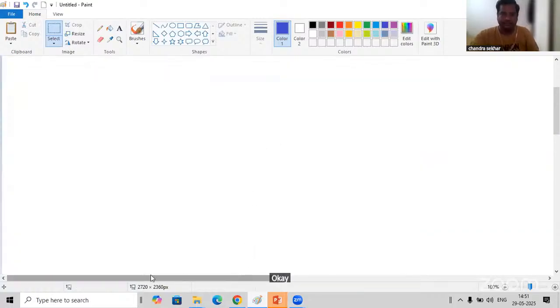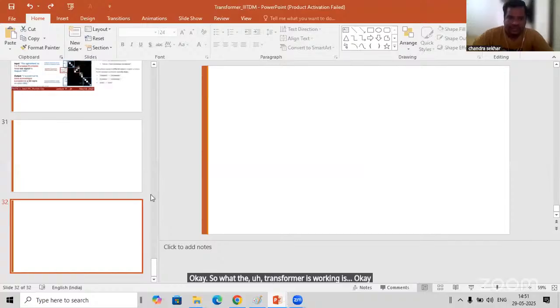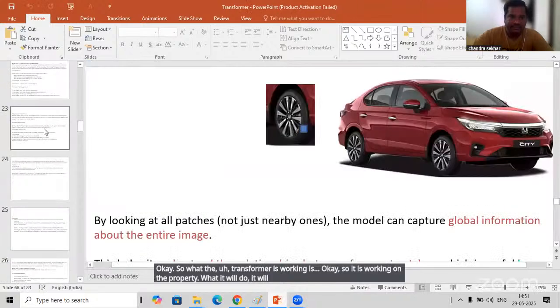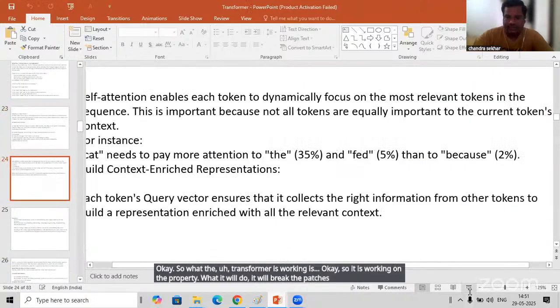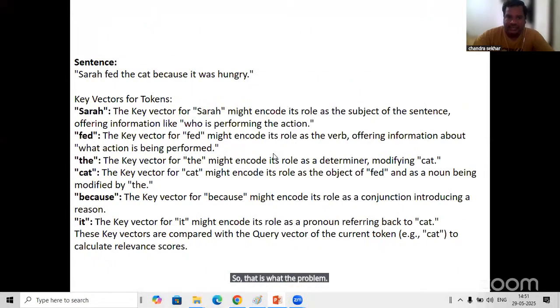What the transformer does is break the images into patches. That is the functionality, and it is advantageous.